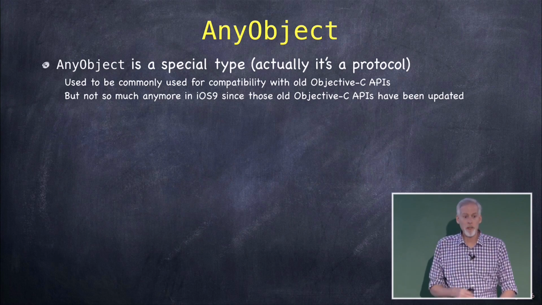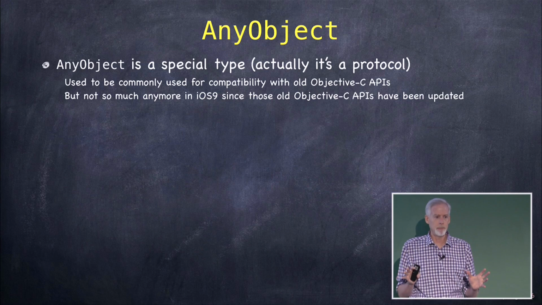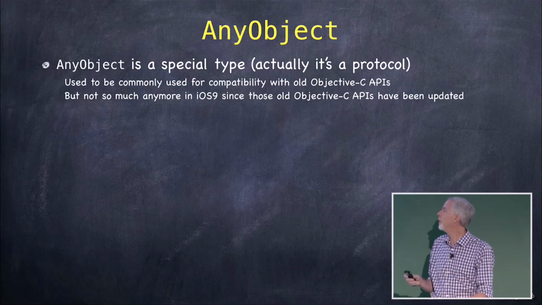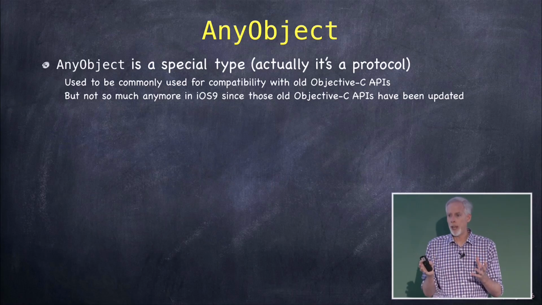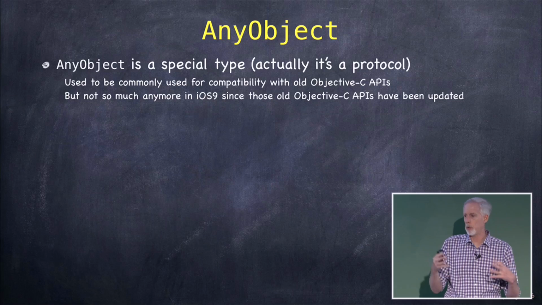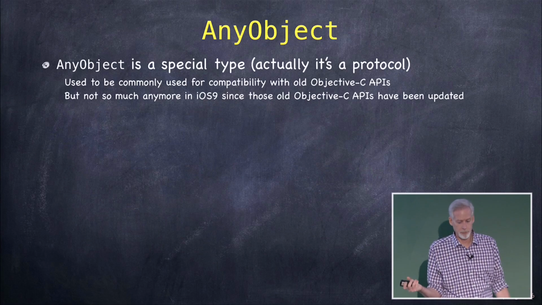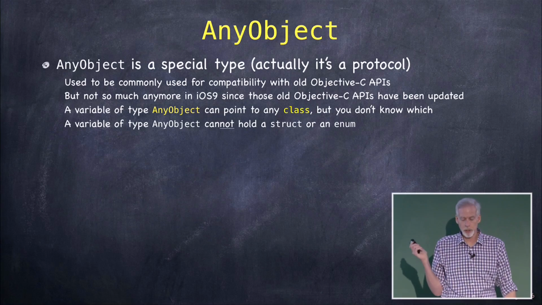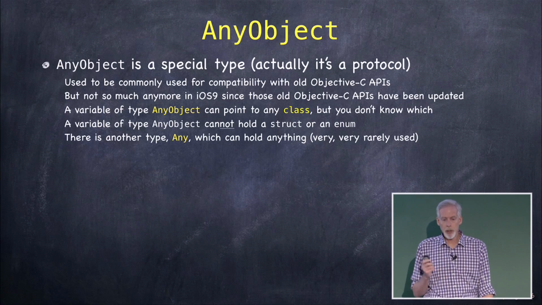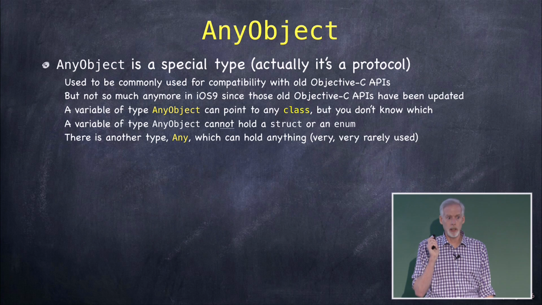In iOS 9, they fixed Objective-C, so it has almost none of these. There's still a few, but very, very few. So nowadays, it's more used as an opaque type, when you want to have a pointer to an object and you're not sure what it is, or you don't want anyone to know what it is. So let's talk about how we can do this. Classes only, no structs. There is another type, by the way, in Swift called Any, which is anything.